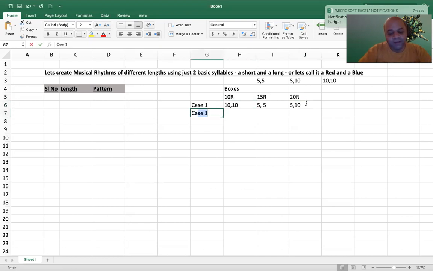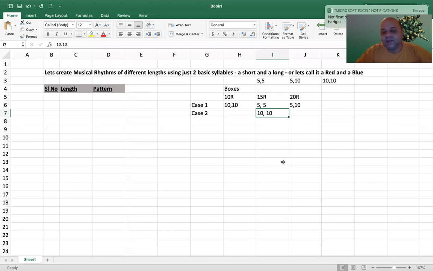Now the other case, case 2: what if the coin that you pulled out from 15R happens to be a 10 rupee coin? Then you know that the other coin also has to be a 10 rupee coin. So the 15R box would have 10 10.